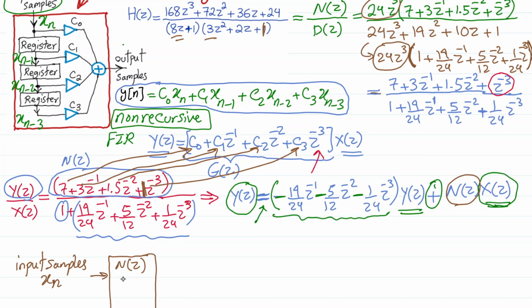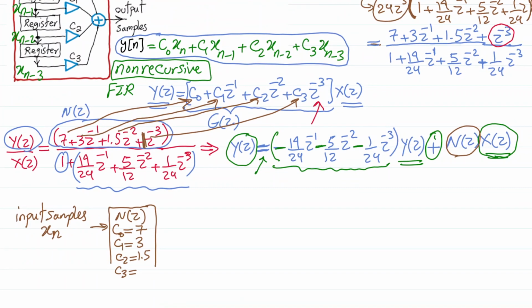Effectively, I'm going to use one such chip given here, in which C0 is 7, C1 is 3, C2 is 1.5, and C3 is 1 over 24. That's one chip.